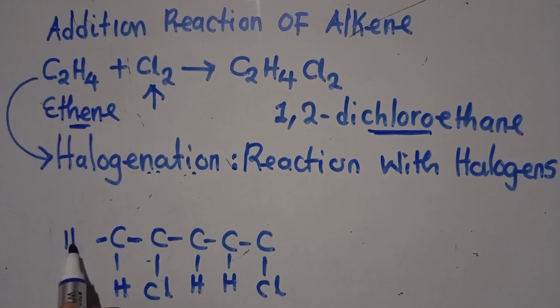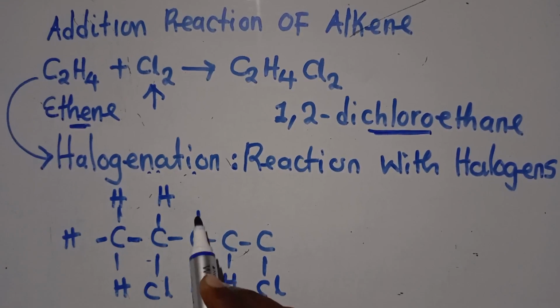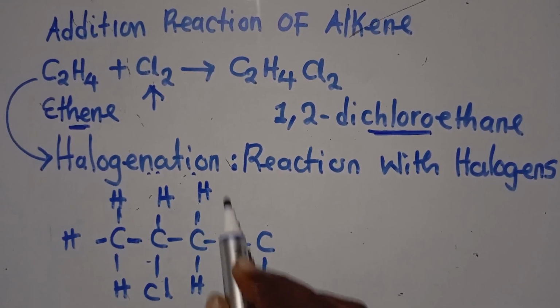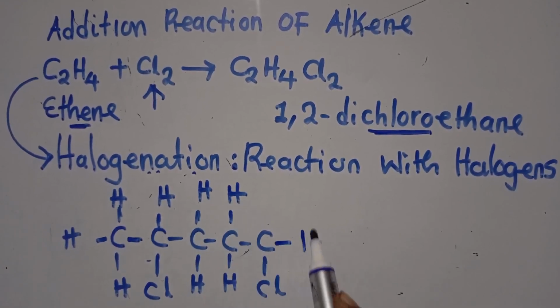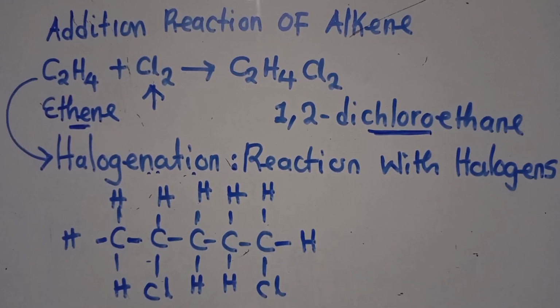So hope you are going to understand. You've got a structural formula like this. This is a structural formula that you are given, and you are told to name this. How can you name this structural formula?